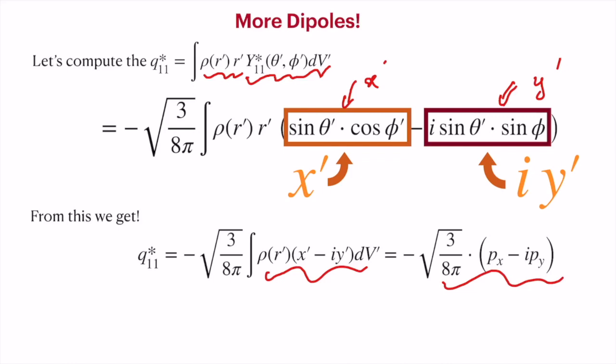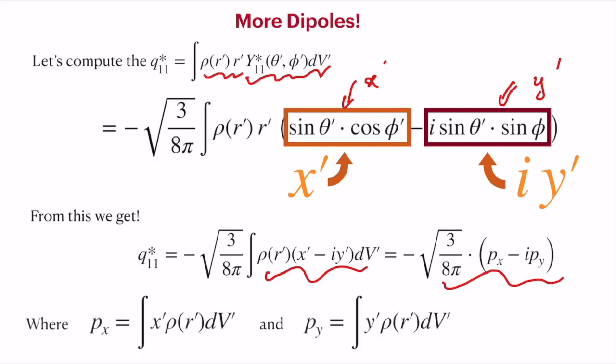So this is how we have related to the x and y components of linear multipole moments. Of course, p_x and p_y are defined here. This is in analogy with the angular momentum. You see that it is not convenient to have p_x or p_y alone.